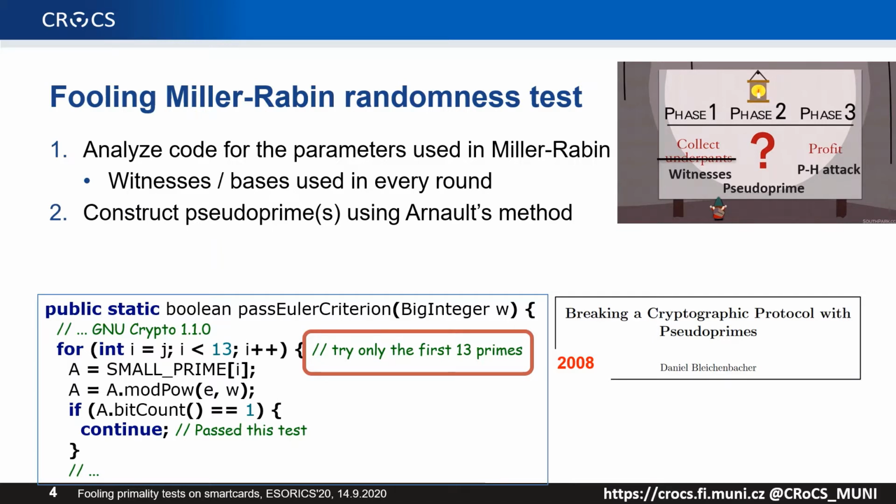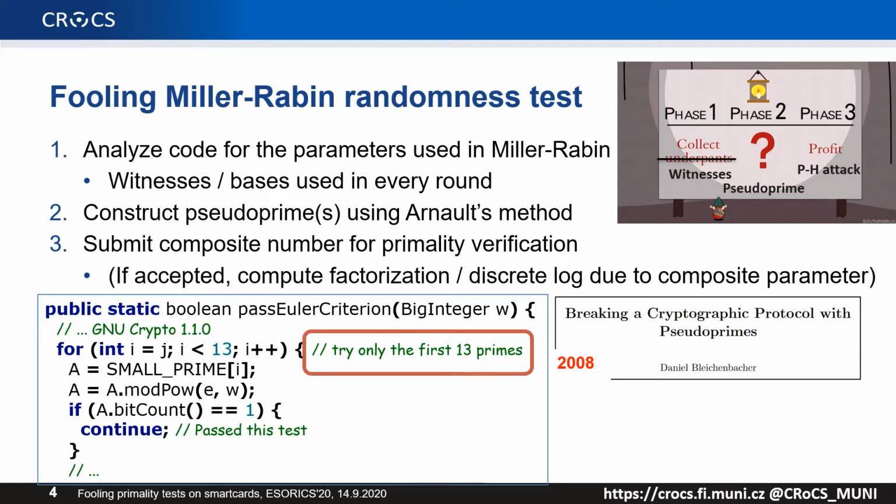There is a method for that by Arnault, and then you have a number which is composite, but will pass this algorithm, and you submit this to the target primality verification, and if accepted, you can then do factorization or discrete logarithm due to the composite parameter.